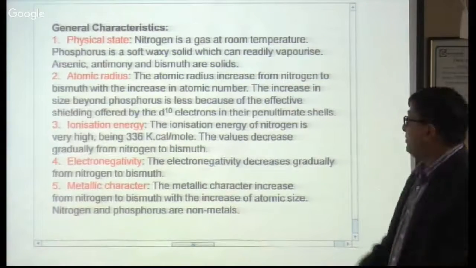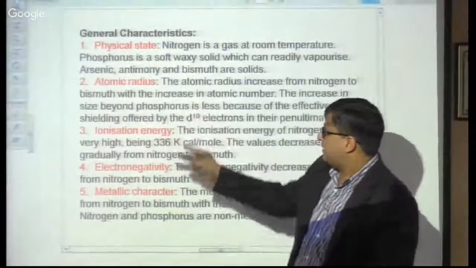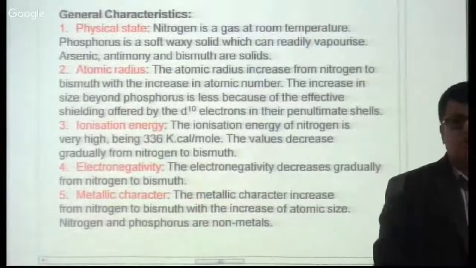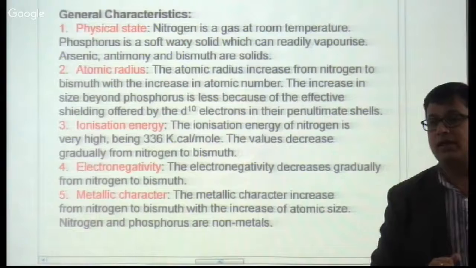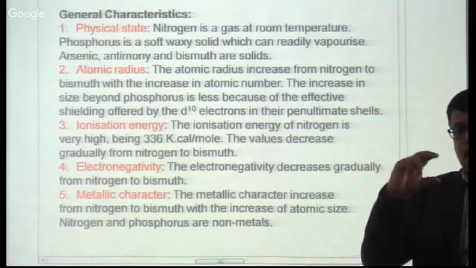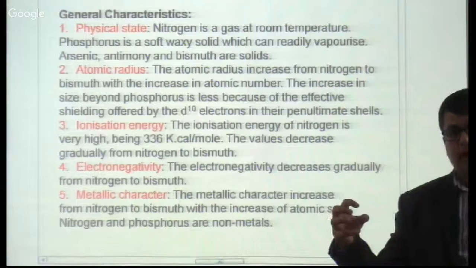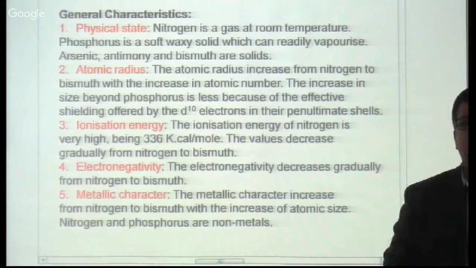And just as the d10 electrons affect the atomic radii, they also affect the ionization energy. If an atom consists of inner d10 electrons, there is a poor shielding effect. So the nucleus will attract the valence electron towards itself, which increases the ionization energy.